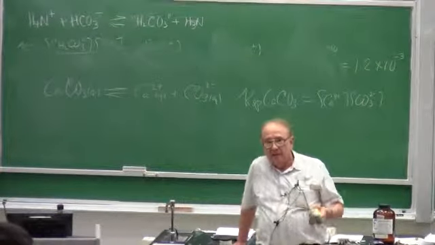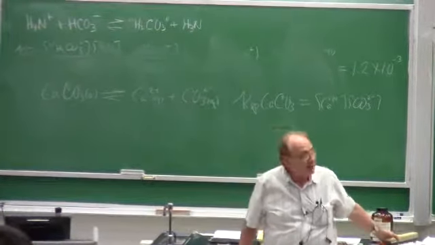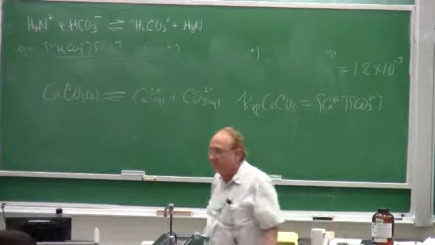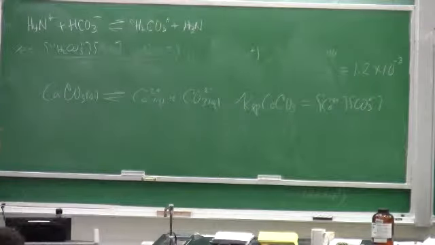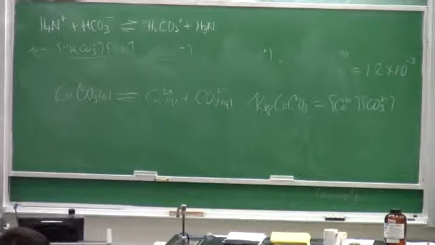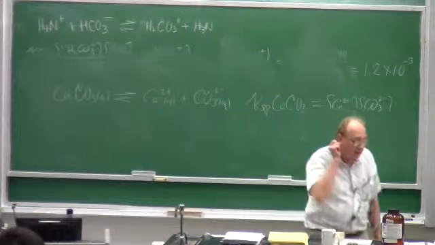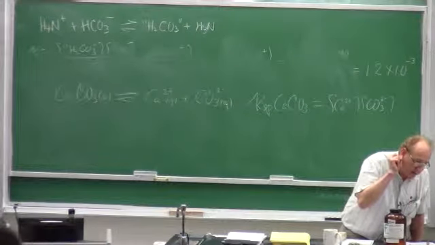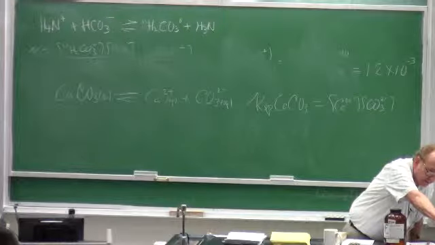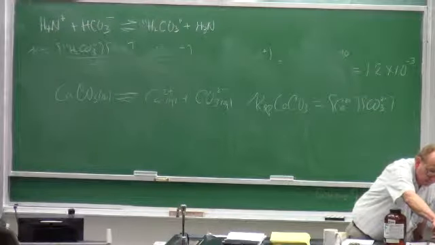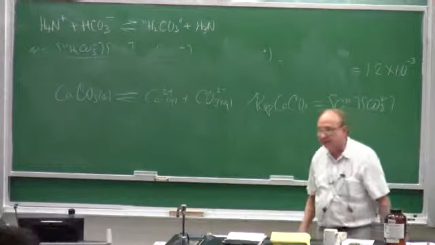But what is this observation telling us? It's telling us that in addition to this equilibrium, when we dissolve the calcium carbonate in water, what species did we produce? Why did this become red-pink? Why did the pH go up? Because we made hydroxide ion.